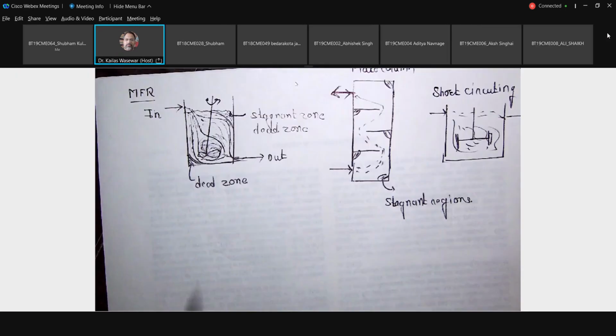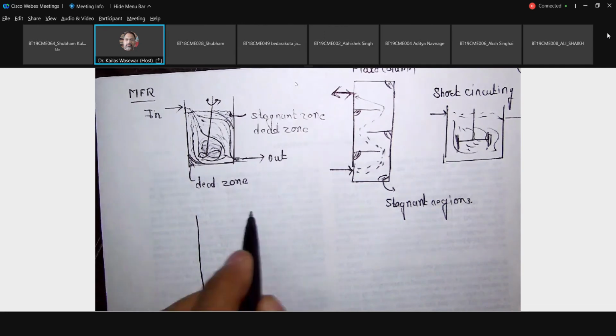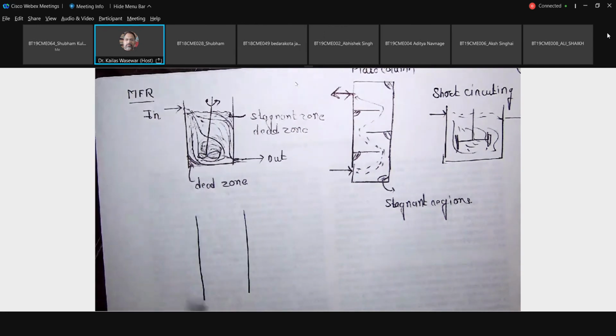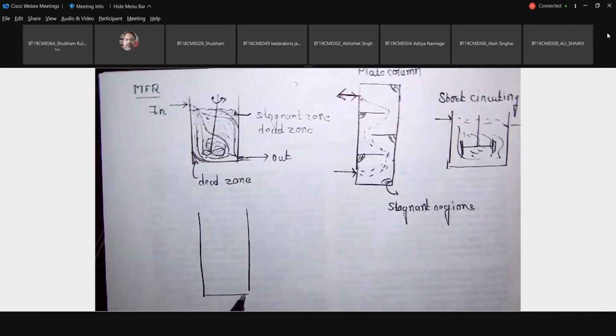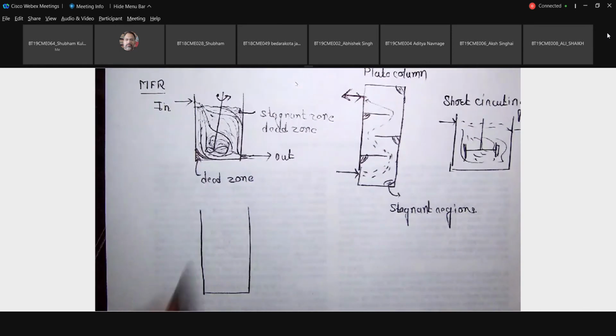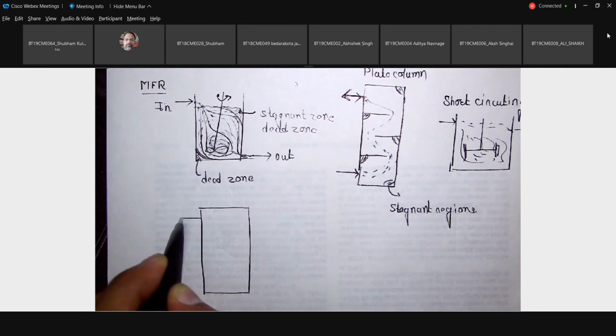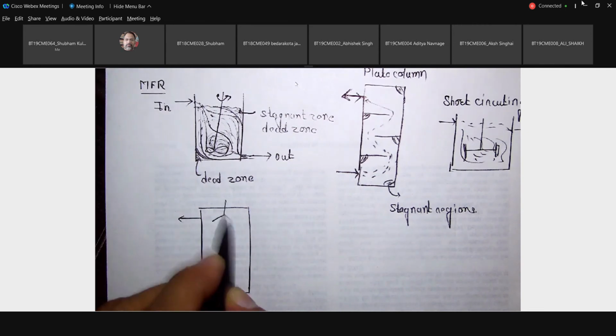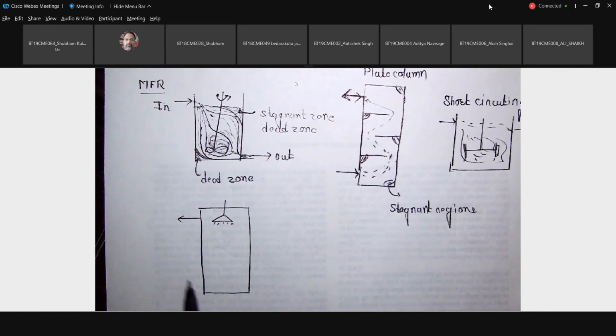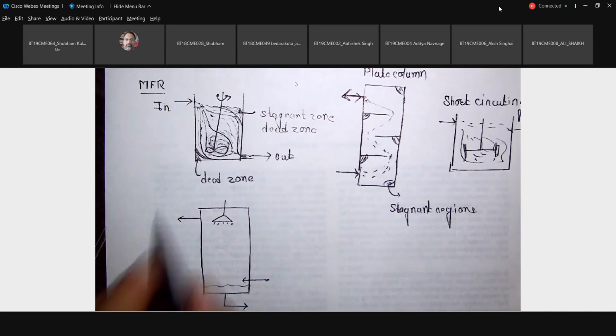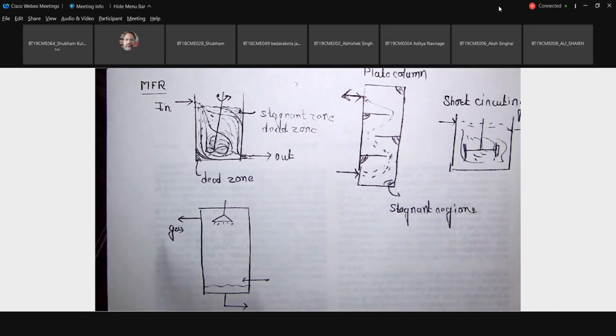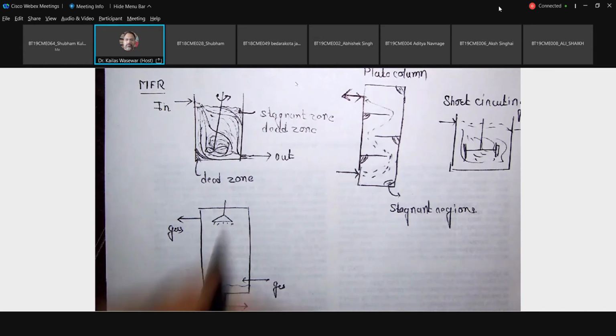Suppose we have a spray column. This is for the gas, and this is also for the gas or liquid system. Liquid, and here it is a liquid.